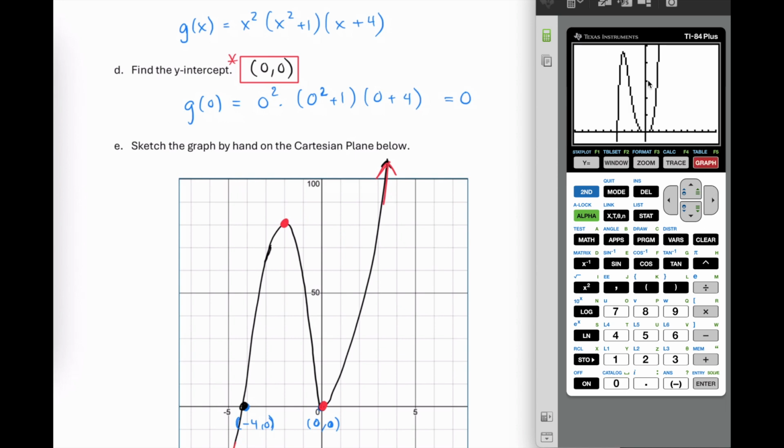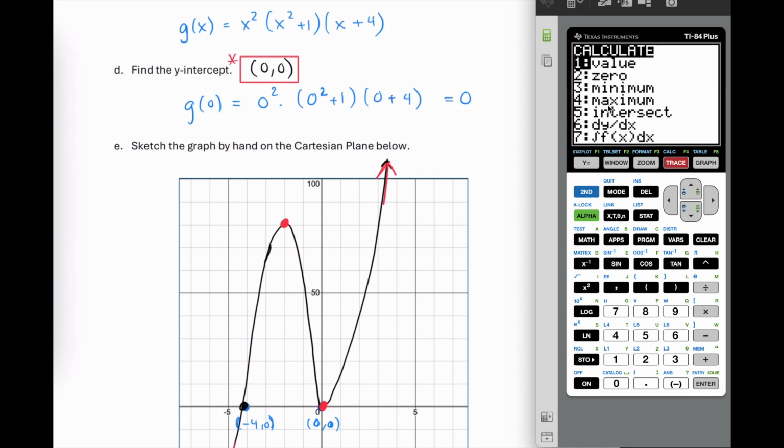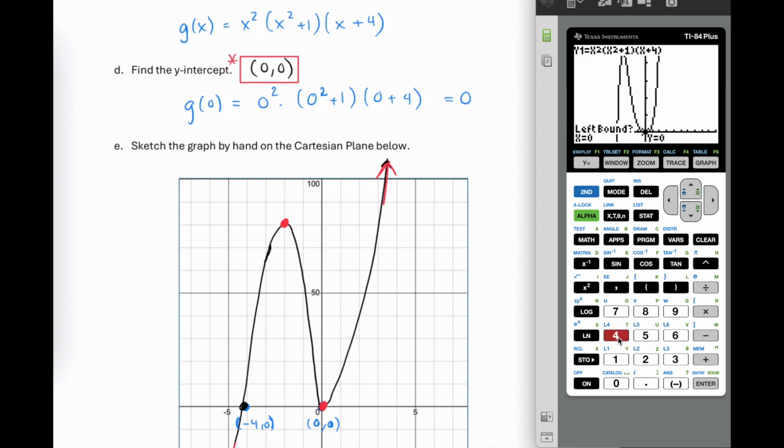So our graph is looking similar to what we see on the calculator, but we do need to use our calculator to find this maximum value. So we'll go second calculate, and we'll select option number 4, which is maximum. The calculator requires us to give it a left boundary, so we're going to come to the left of the maximum that we're looking for, hit enter, go to the right of the maximum that we're looking for, hit enter again, and this time get as close to the maximum as we can with our cursor to give a guess by hitting enter again.